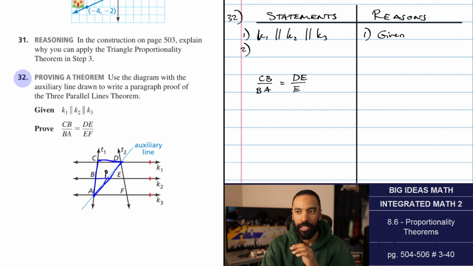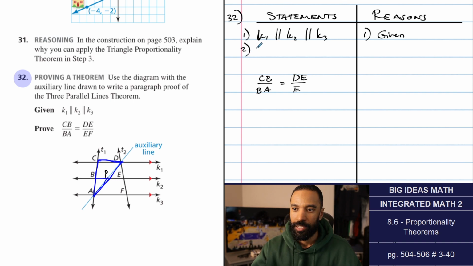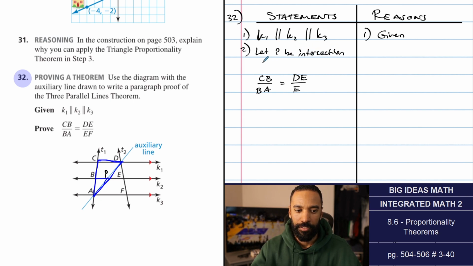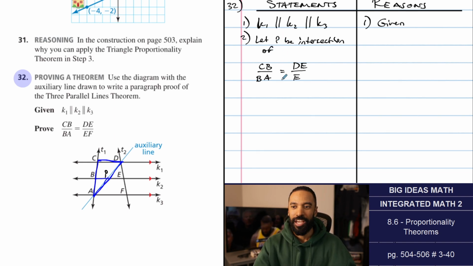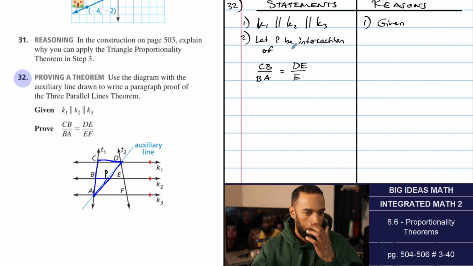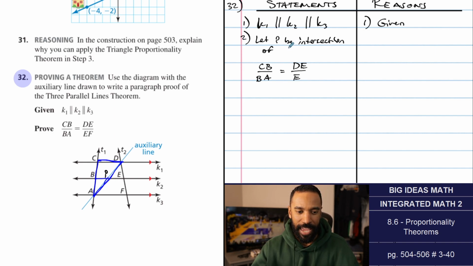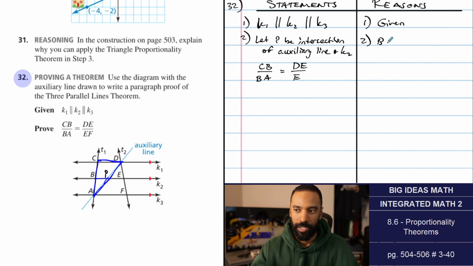Let's do something like, let P be the intersection of, I feel like I should use G, A, B, C, D, E, F, G. Intersection of auxiliary line and K2. I'll call that construction. By permission. Let me do it, please.